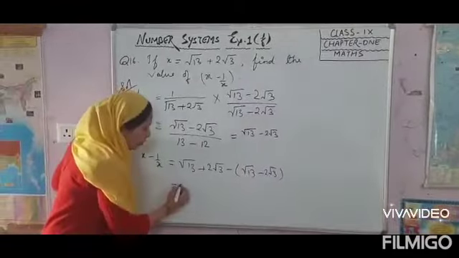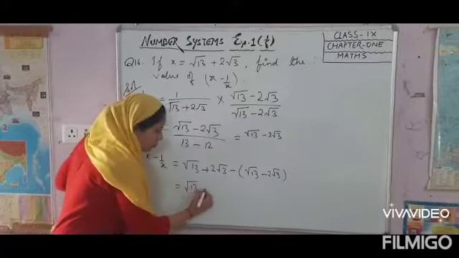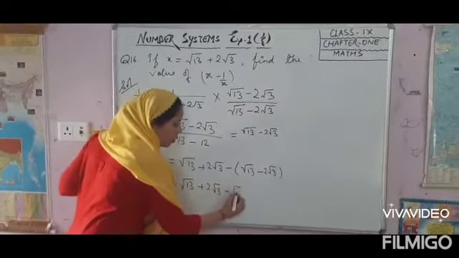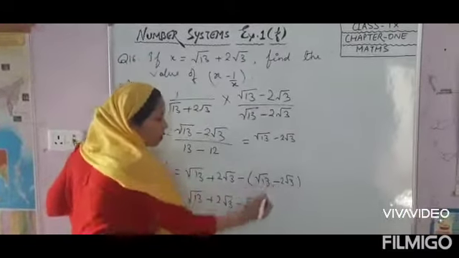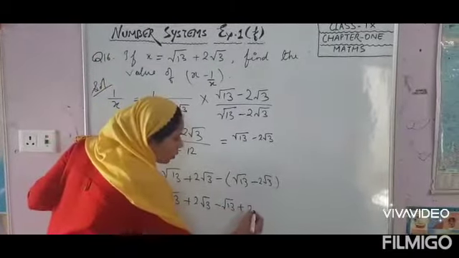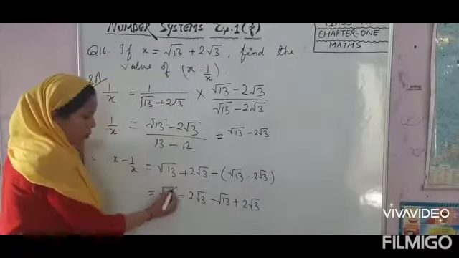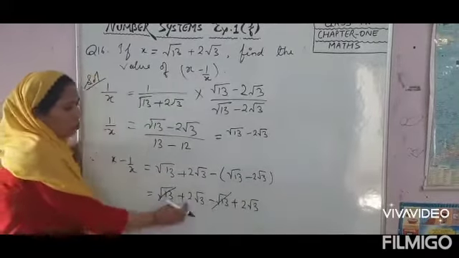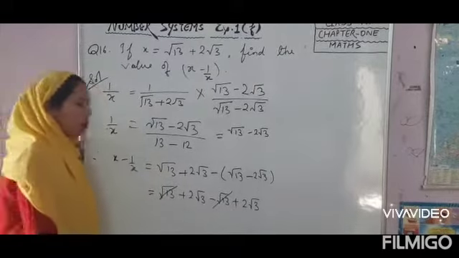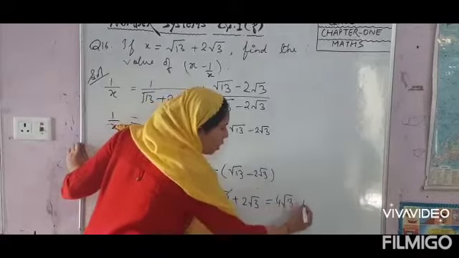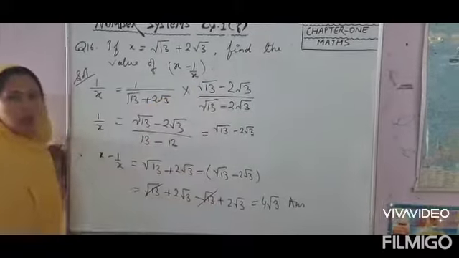Now open the bracket: minus root 13 and minus into minus plus 2 root 3. Root 13 and minus root 13 will cancel, and plus 2 root 3 and another 2 root 3, 2 plus 2 is 4 root 3. It is your answer.